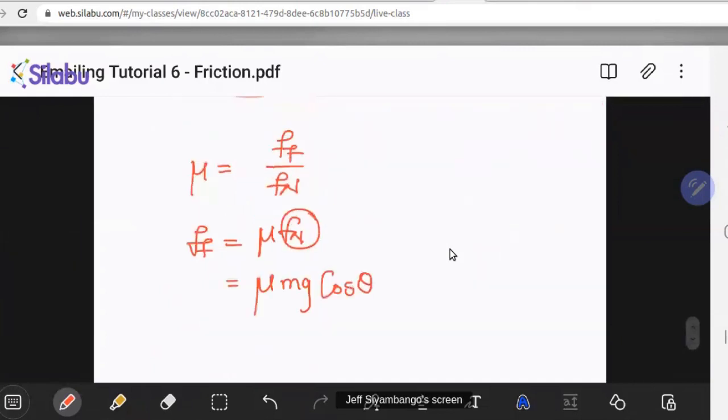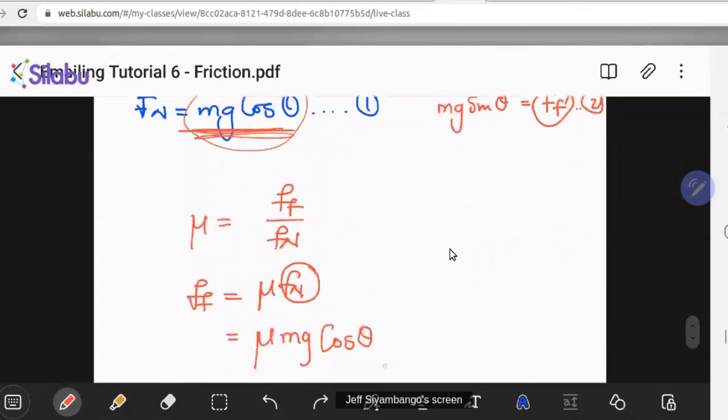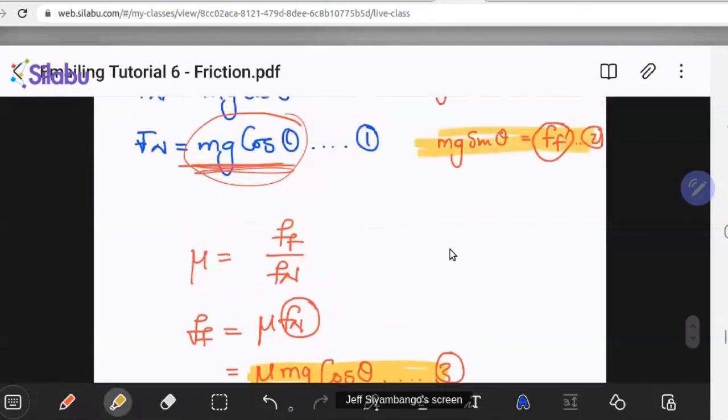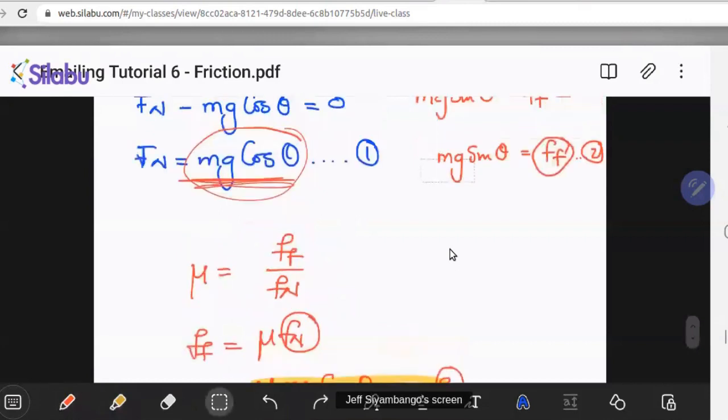Now again, the only thing we know is the coefficient. We don't know what the mass is. We're looking for the angle. So now I can say this is my equation 3. My goal now would be to solve equation 3 and equation 2 together, because you see they've got a number of things in common. So I'll get equation 2, which is this.